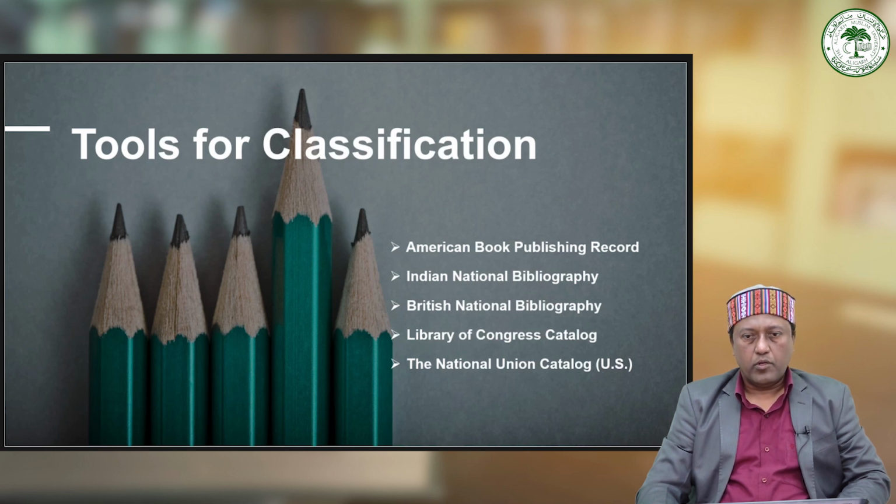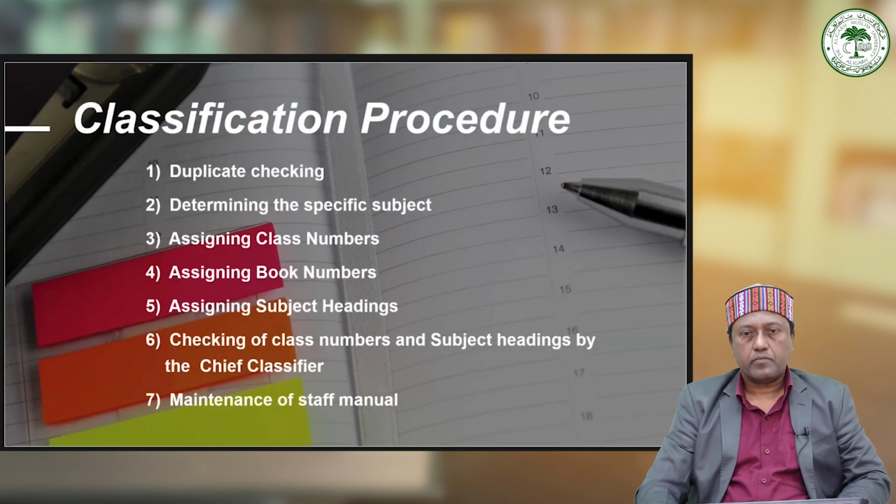And one more tool is the National Union Catalog, a comprehensive catalog that provides bibliographic information on books held by libraries across the United States. It allows classifiers to access a vast collection of records for classification purposes. Then we'll take up the classification procedures.